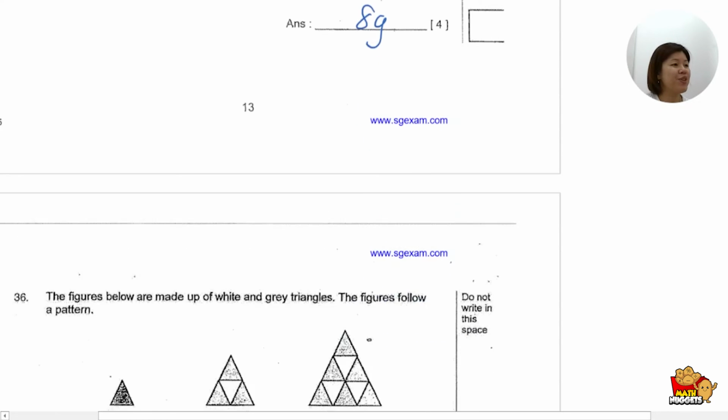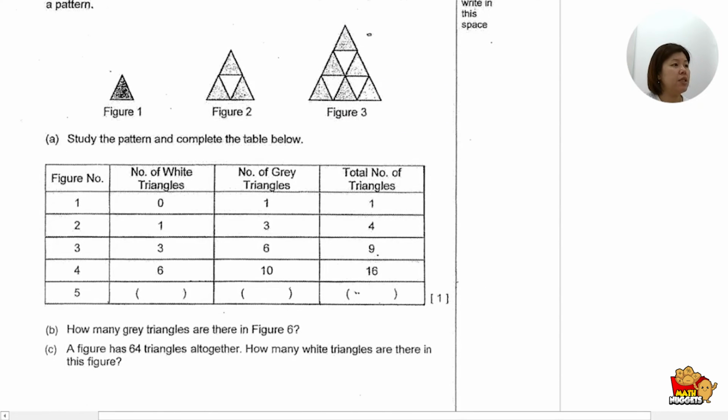Okay, next question. Pattern. Okay, if you can see my pattern, my gray is +2, +3, +4.